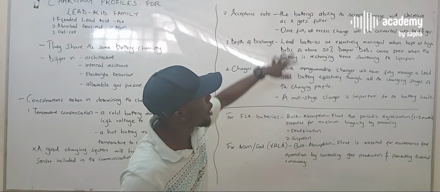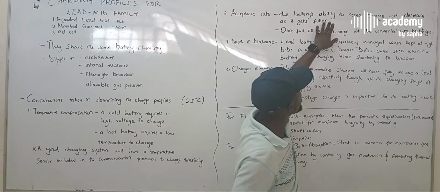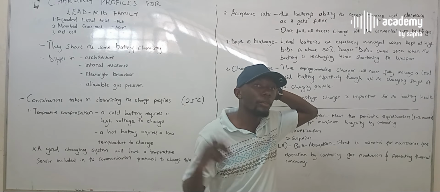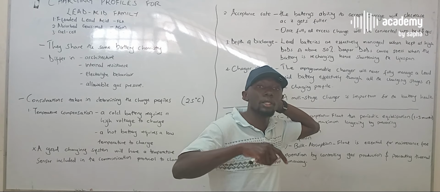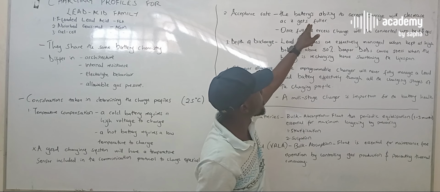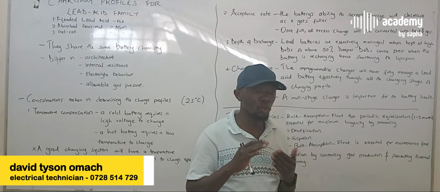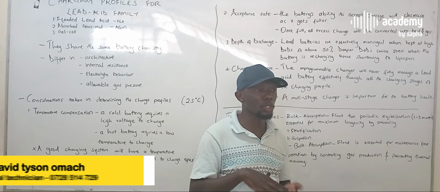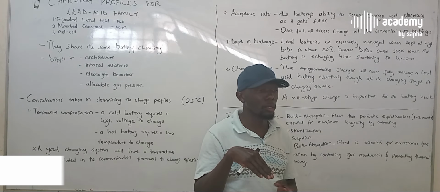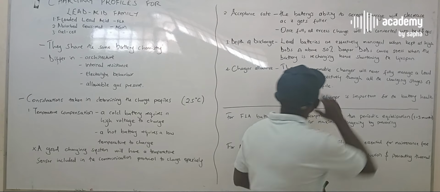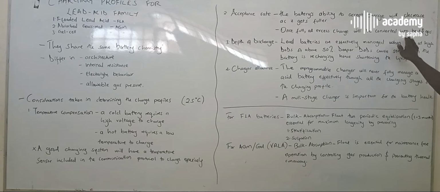So for example, if a battery is approaching full capacity, both the voltage level and the state of charge, the amount of voltage and current has to be lowered, because now the internal resistance of the battery is high. If you keep pushing voltage and current at the same high level, it creates heat. And once full, all the excess charge will be converted into heat and gas, and this damages the battery itself, the internal structure of the battery.